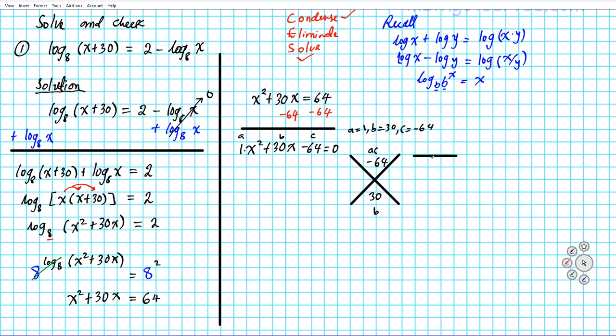Let's exhaust the possibilities. So what pair of numbers multiply to give you 64? We know 1 times 64 gives us 64. 2 times 32 gives us 64. 3, no, 4, yes. 4 times 16 gives us 64.